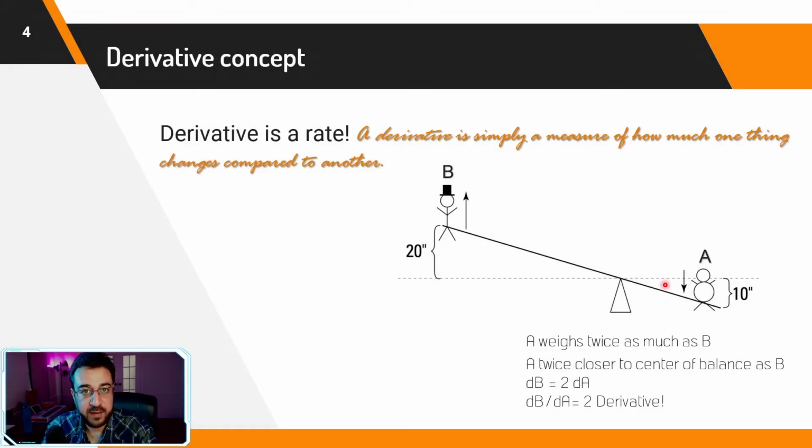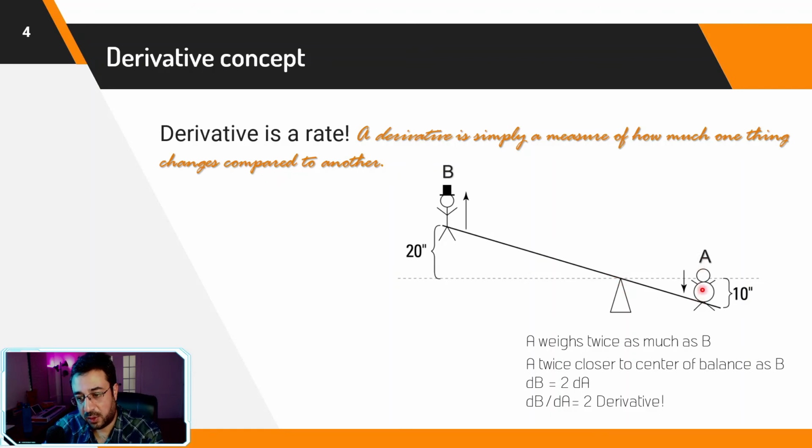So the derivative, as we learned, is a rate. It is simply the measure of how much one thing changed compared to another one. If we take a simple real-life example, we have person A who is double the weight of person B, and you have a balance, and that's the center, the origin point of the balance.